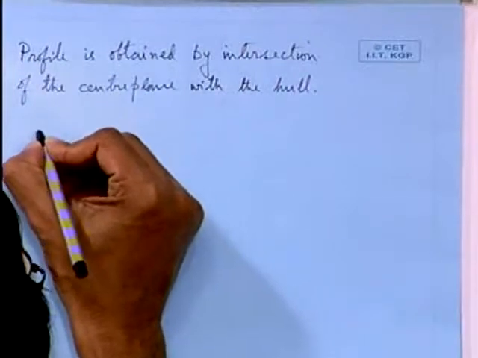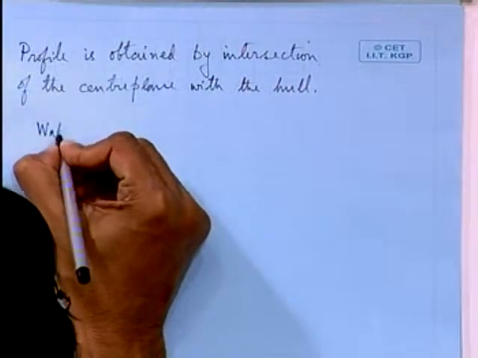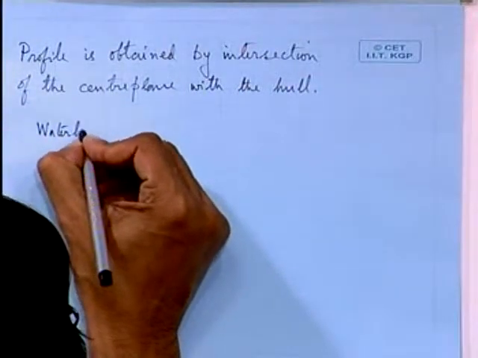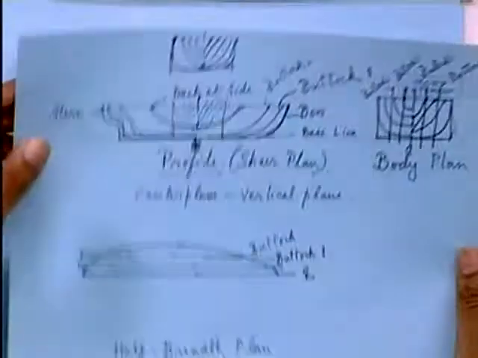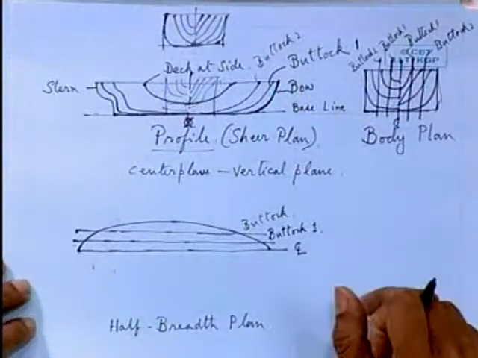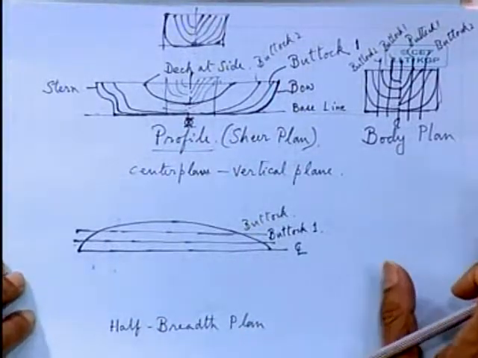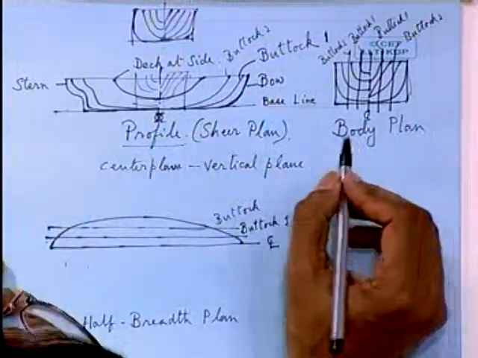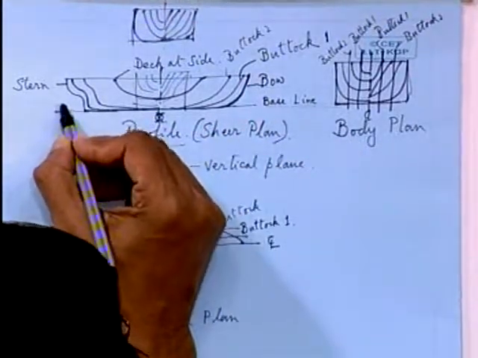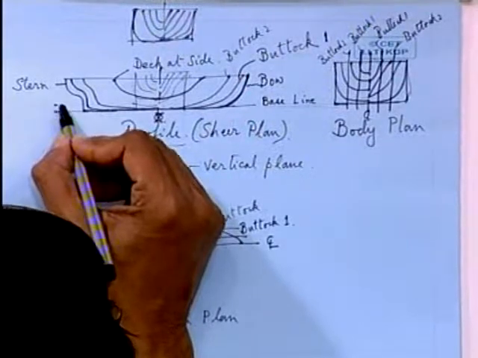So, these water lines have to be drawn. So, on the profile, after you have drawn the baseline, as yet you have not started drawing the lines plan, but before that you have to draw all these water lines, or you have to make a certain grid.